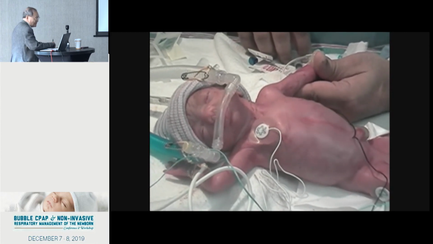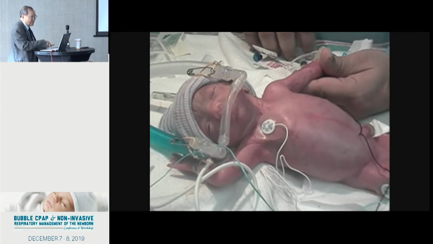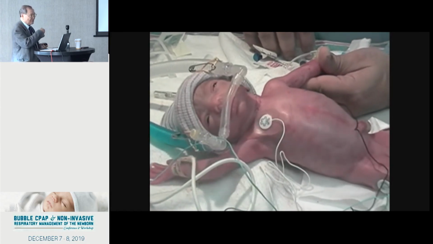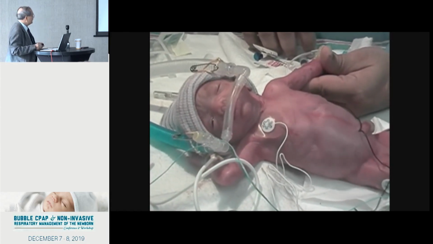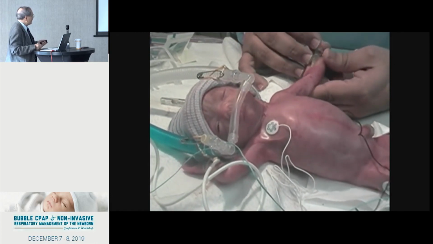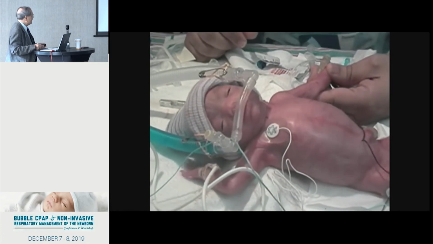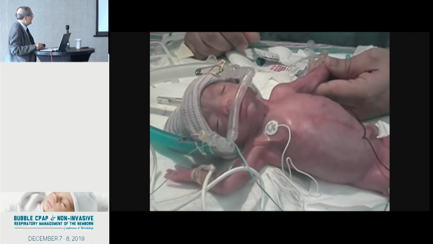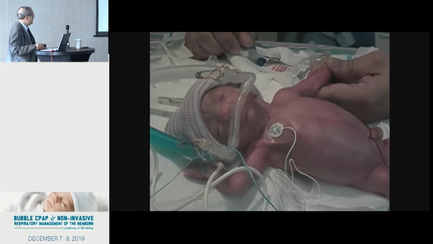Okay, both these babies don't need intubation. They're only on CPAP. So he's here crying, okay? Okay. Well, thank you.